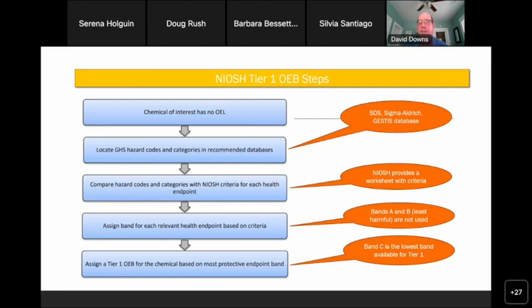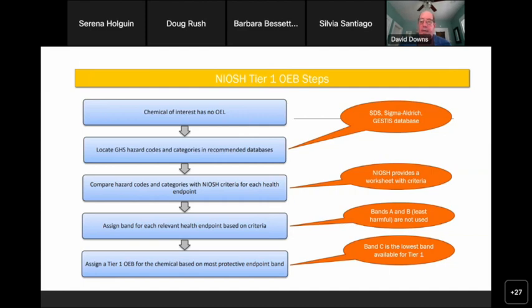In this case, the bands A and B, which are the least harmful, are not really used. And part of the reason for that is that I think they're concerned that materials would be inappropriately assigned to a band A or B when it should be at a higher level band. But that tends to, I think, reduce the accuracy of the process here.